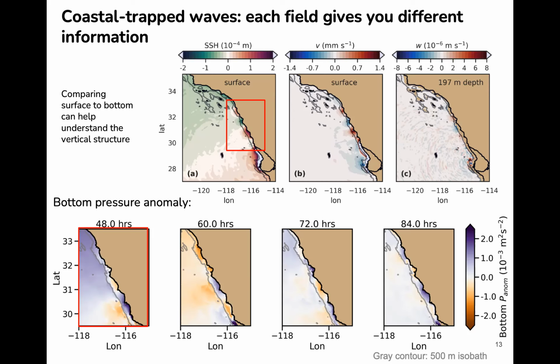It's all positive. But if I look at what's happening, for example, in bottom pressure, I see that they have a different sign, right? So it's giving us different information, what we see at the top and what we see at the bottom, and this has to do with the vertical structure of the mode that the coastal trapped wave has, right?